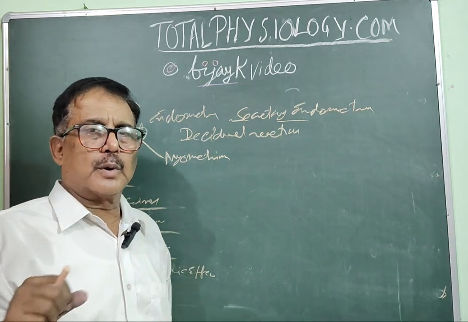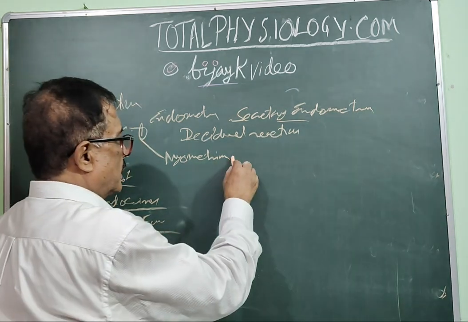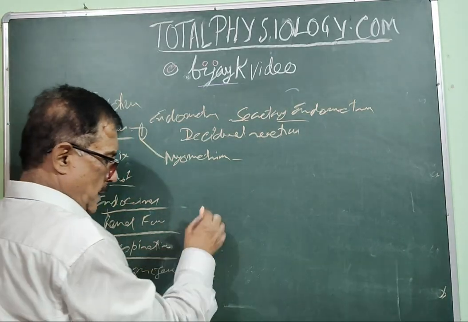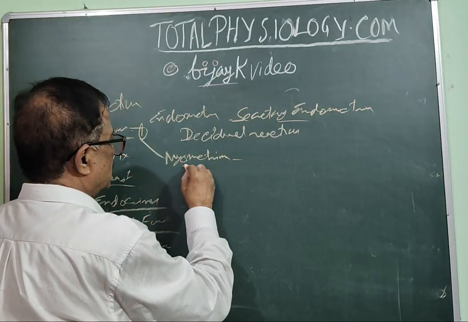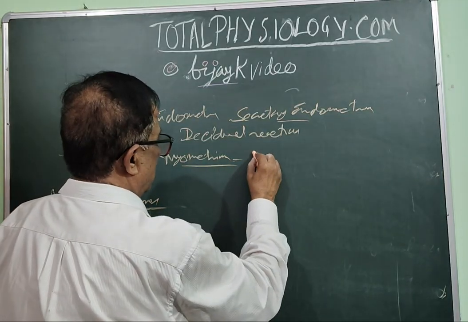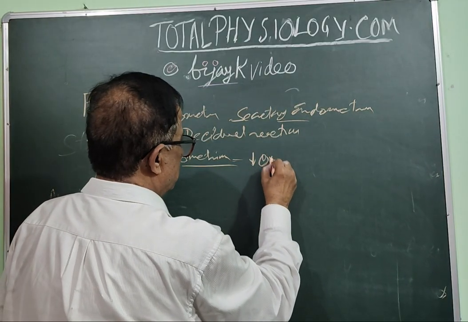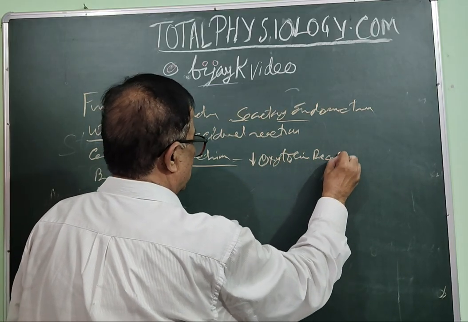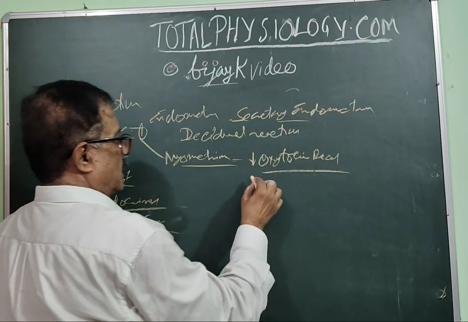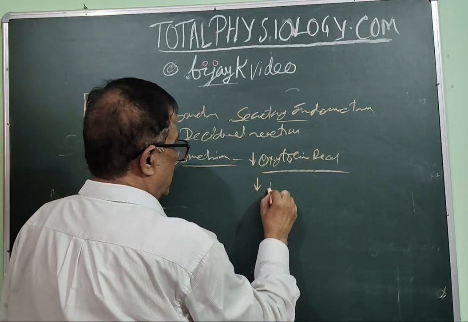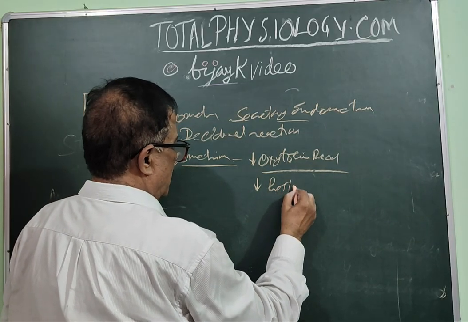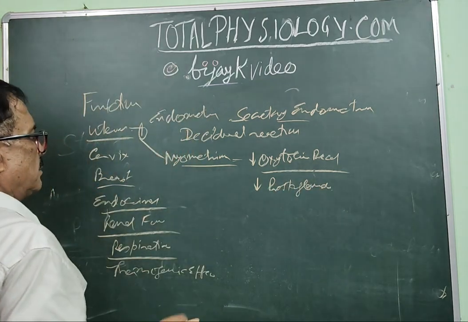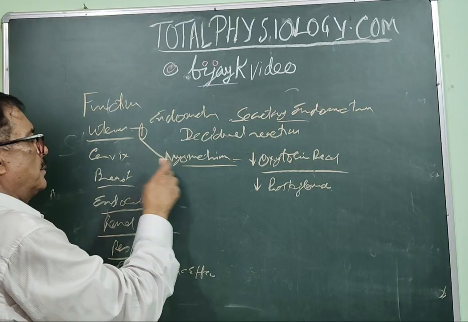In pregnancy the uterus must be quiet, and therefore it down-regulates oxytocin receptors. Then it inhibits secretion of prostaglandins. This is the main function on the myometrium.